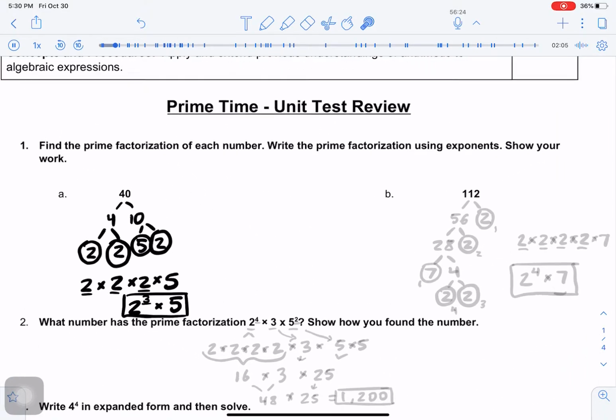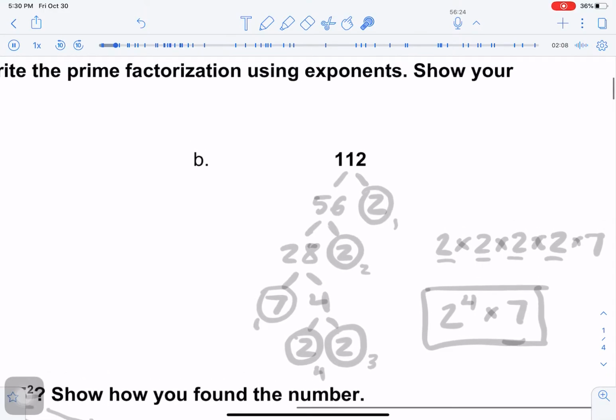Moving on to the prime factorization of 112, I'm going to break this apart. Knowing my divisibility rules, I see that this number ends in a 2, so I'm going to go ahead and try to divide this by 2. When I do this, I get 56 and 2 for the factor pair. I see that 2 is prime, I go ahead and I circle that.